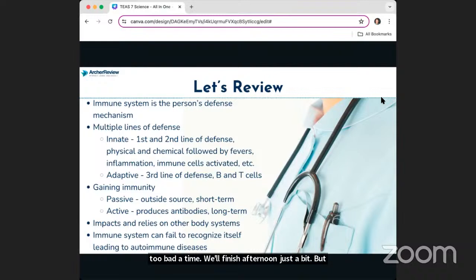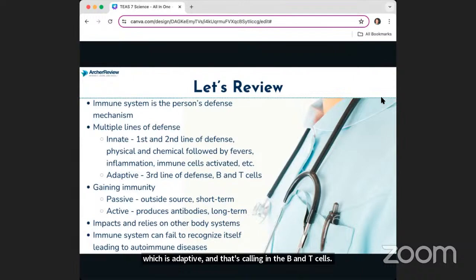The immune system is the person's defense mechanism. Think of it as like your army. There are multiple lines of defense. The innate response is going to be made up of the first and second lines of defense. Remember, it's the physical and chemical barriers, followed by fevers, inflammation, activation of immune cells. And if those two lines don't work, your body relies on the third line of defense, which is adaptive, and that's calling in the B and T cells.